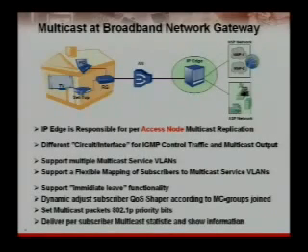The IP edge is responsible in multicast delivery in TR-101 for multicast replication on a per access node basis. It's not responsible for per subscriber or per household multicast replication. It's only responsible for per access node replication.